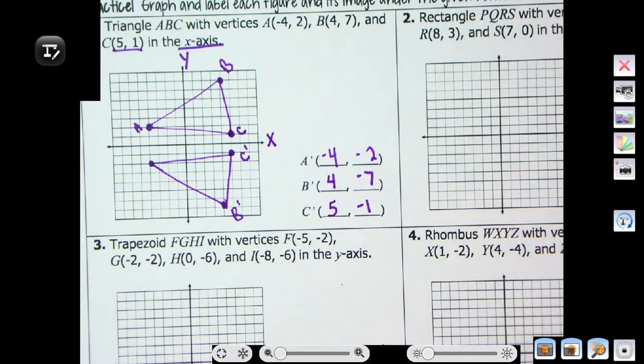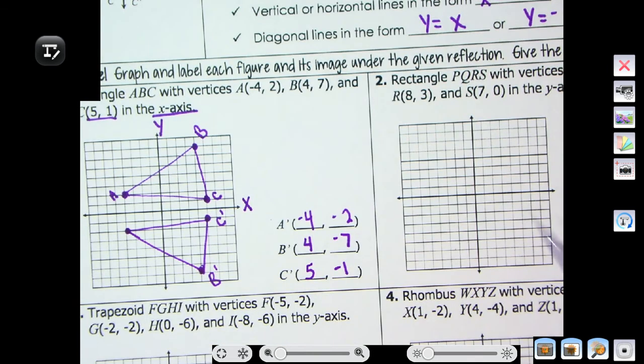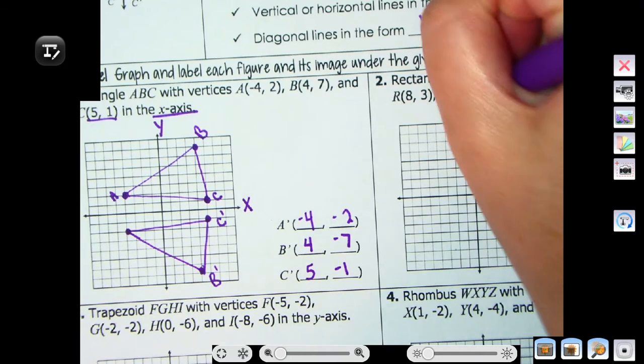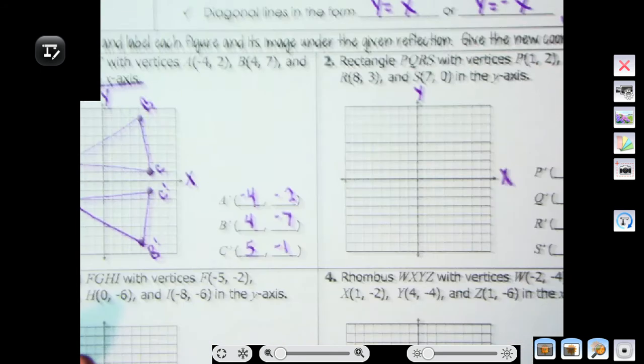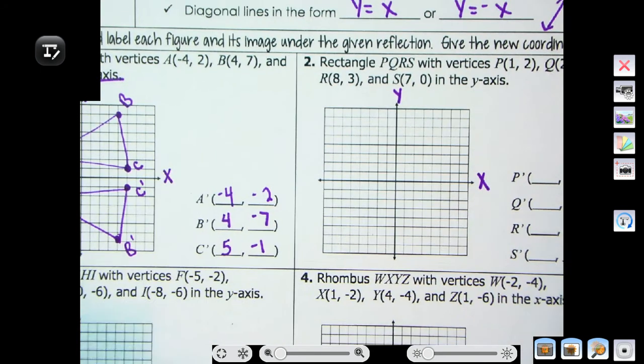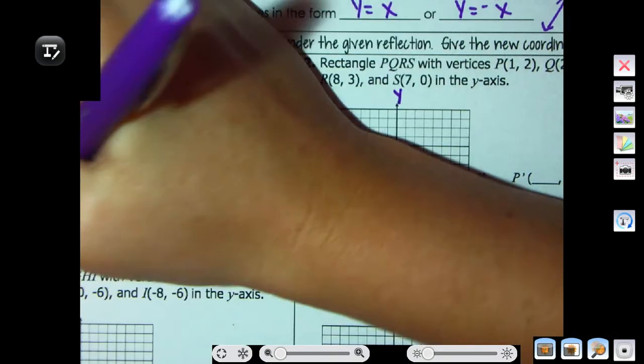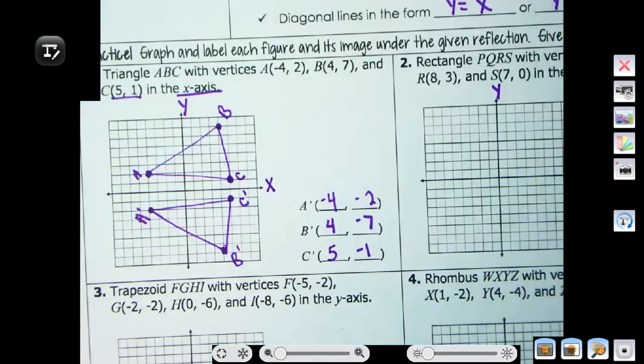The next possible line of reflection is the y-axis. So now we're going to reflect it over the y-axis in problem number 2. So the first thing I'm going to do is graph the pre-image. Oh, I forgot to label over here. It's A prime.